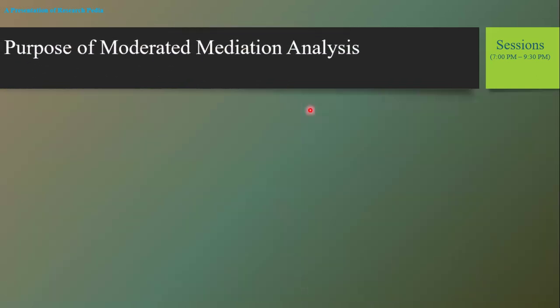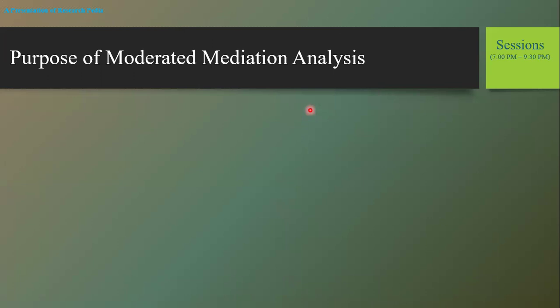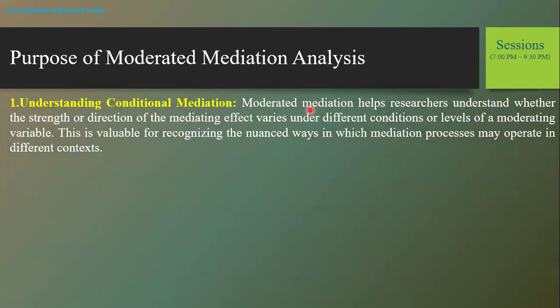So let's understand the purpose of moderated mediation analysis, and when you need to apply the conditional process. At the start of my discussion yesterday, I told the audience attending this session that the PROCESS by Hayes involves three types of process.